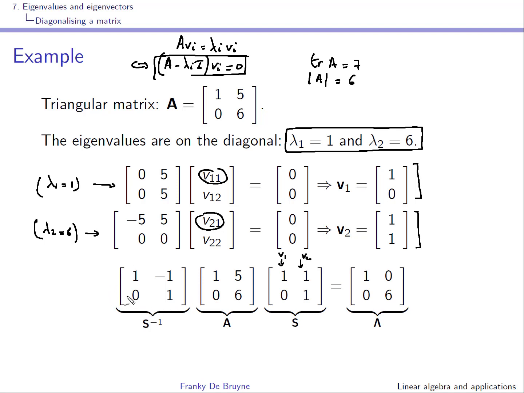When you compute a 2 by 2 inverse, please check and multiply S minus 1 and S, and obviously they would give you the identity matrix. If you do the calculations, and please do, you'll obtain a diagonal matrix with the eigenvalues on the diagonal.